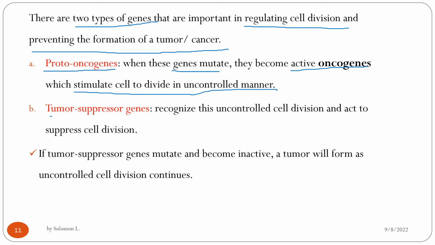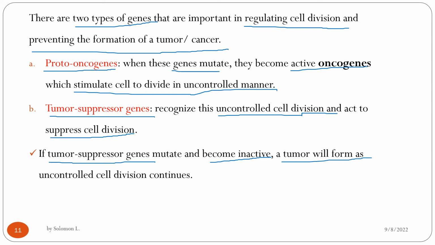Then the tumor suppressor gene recognizes this uncontrolled cell division and acts to suppress it. If the tumor suppressor gene mutates, it becomes inactive, then a tumor will be formed as uncontrolled cell division continues.